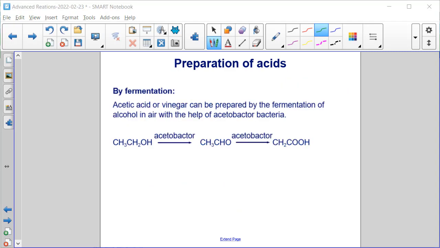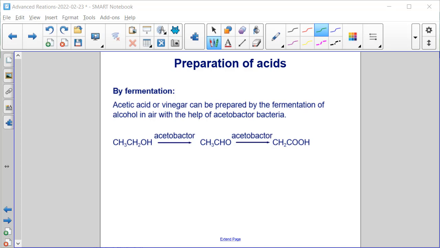All right, another way that we can prepare acids, we just talked in the previous couple slides about oxidations of alkanals and alkanones. We can also prepare carboxylic acids or alkanoic acids by fermentation. We can start with an alcohol in air with the help of something called acetobacter bacteria.